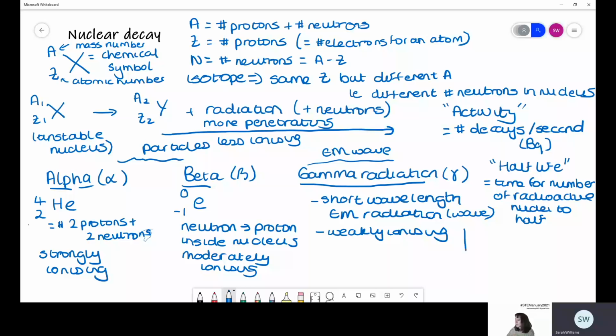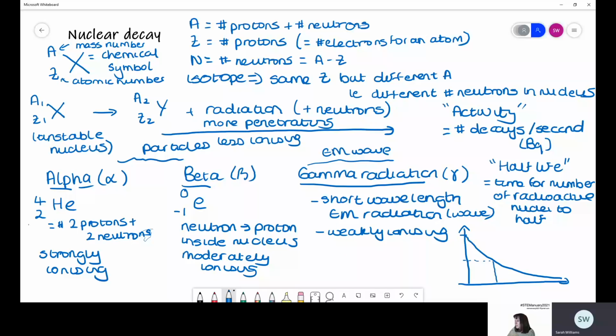And you can view the half-life on a graph of the activity over time, or the number of radioactive nuclei over time. So activity follows an exponential decay here, and if this is our starting value, I'll try and mark out half here.